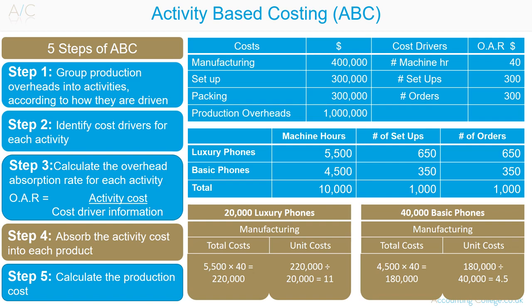Multiply this by the overhead absorption rate for manufacturing costs, which is $40. To get the per unit cost, divide this by the number of units produced, which is 20,000.